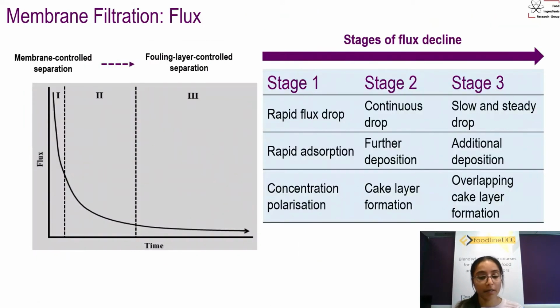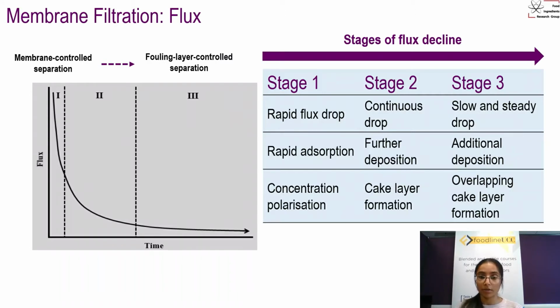So here you see the membrane filtration flux, and membrane filtration is largely judged by its performance in terms of flux. In any filtration process, flux will decline with time, and there are largely three stages of flux decline. The first stage is the rapid drop, where rapid adsorption of protein occurs on the membrane surface, and it occurs within a few minutes of filtration.